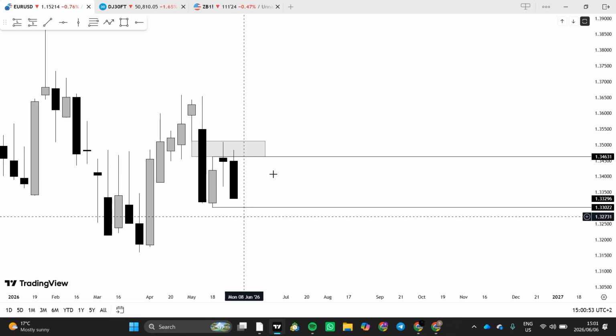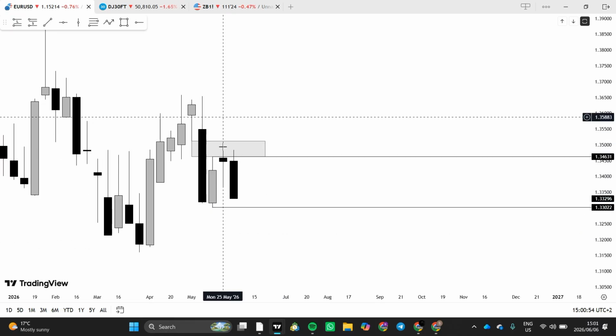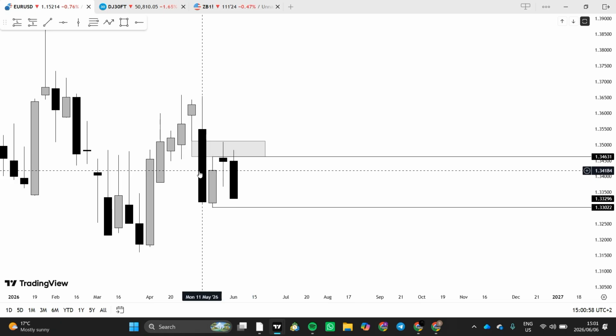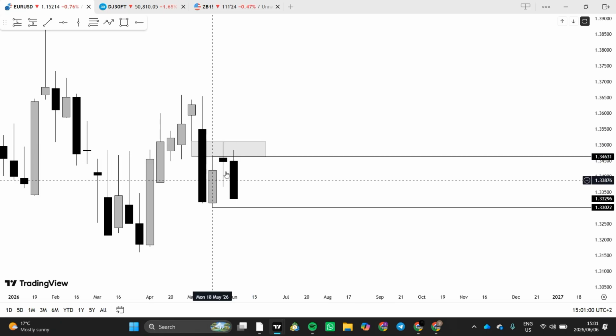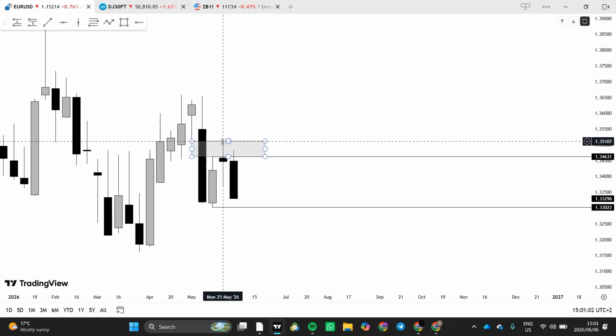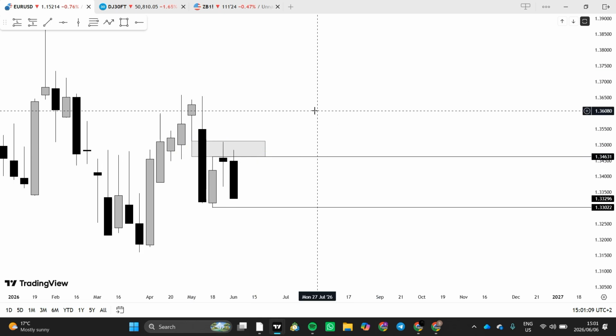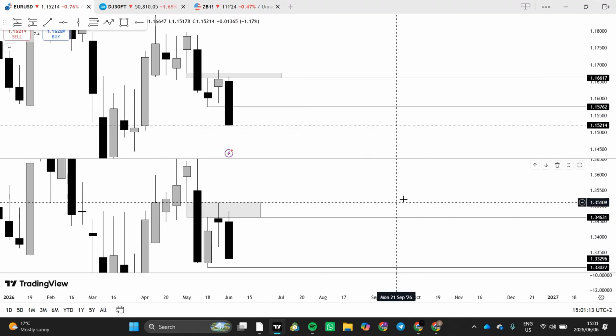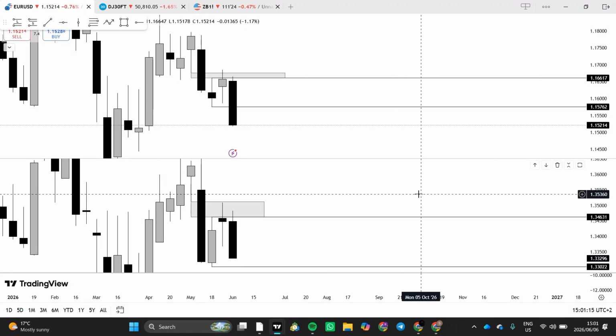So this is what we had before the new week opened. We already knew that the market was in this fair value gap, which was our key level. So we had already marked out our key levels before the week even started, okay?